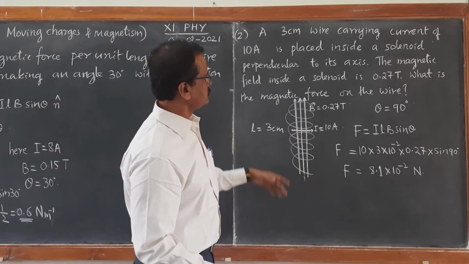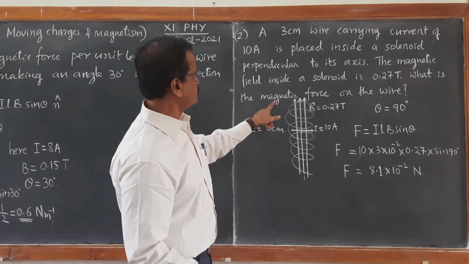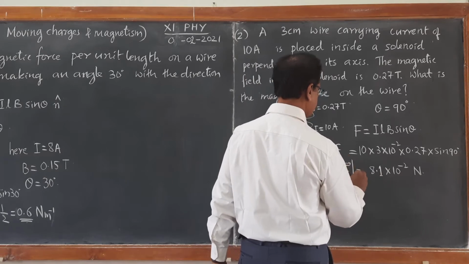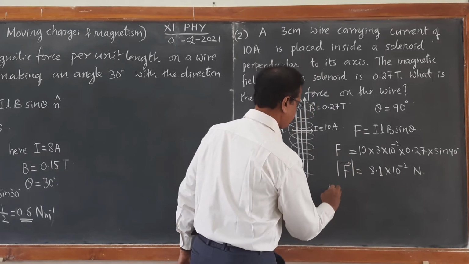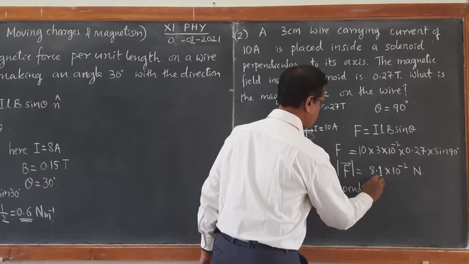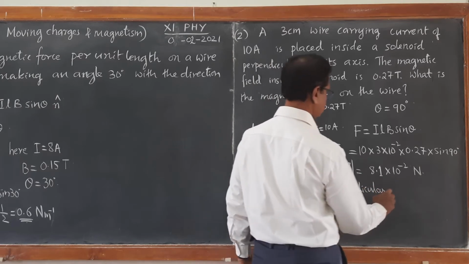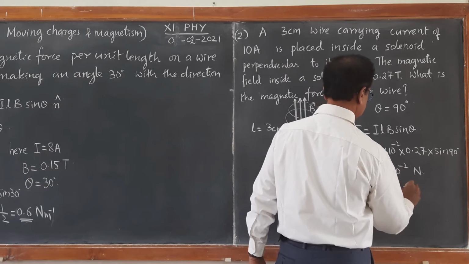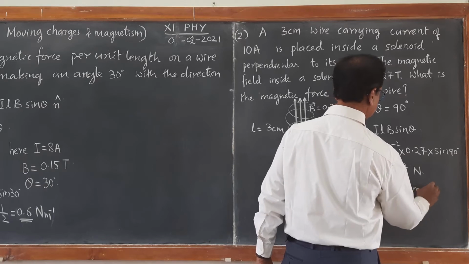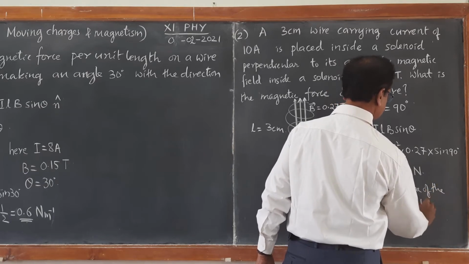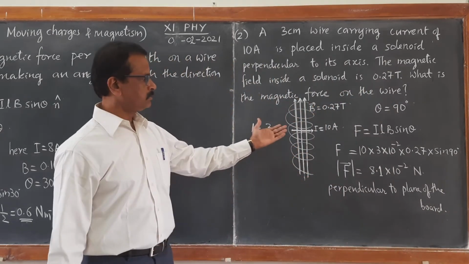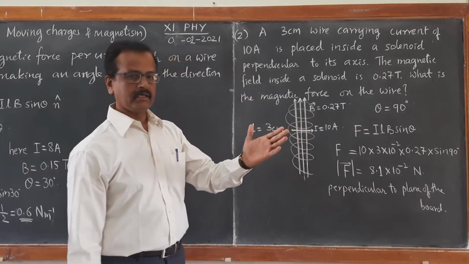If you are asked to find the magnetic force, this is the magnitude. The direction is perpendicular to the plane of the paper, vertically outwards.